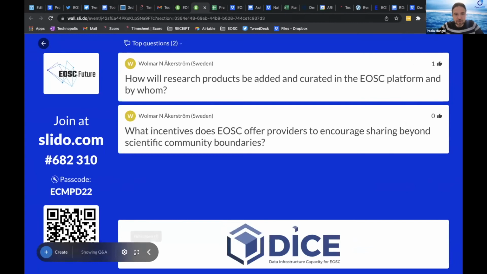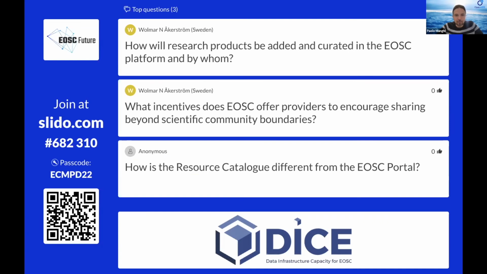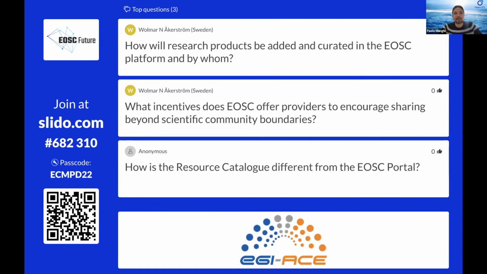Research products acquisition. First of all, let me clarify one concept, which sometimes is not so clear. We are sharing via metadata. So the EOSC is not about collecting your actual data and delivering it to somebody else at the level of the resource catalog, because this may happen with other services provided by the EOSC, like data transfer or this kind of stuff.